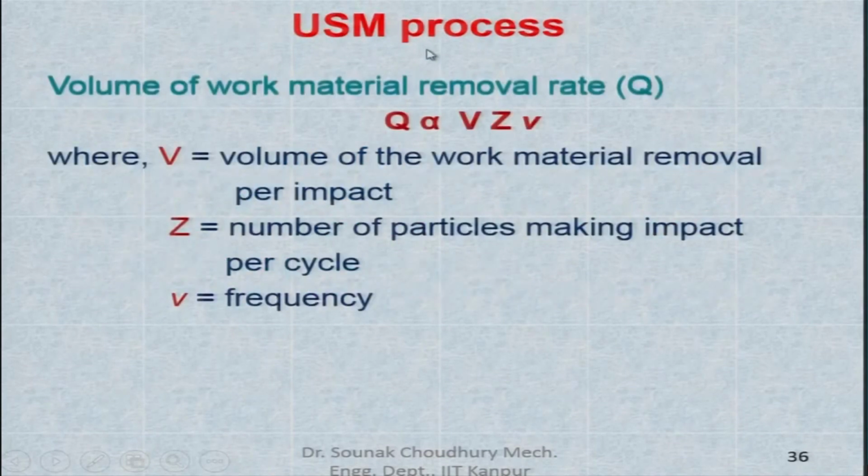Okay. In the ultrasonic machining process, the volume of work material removed, this is Q, let us say, will be proportional to basically three factors. One is the volume of the work material removed per impact, let us say V. Then the number of particles making the impact per cycle; of course, the more the number, the more the material removal Q. If the volume of workpiece material removed per impact is more, then the material removal rate will be more, and if the frequency is more, the material removal rate will be more.